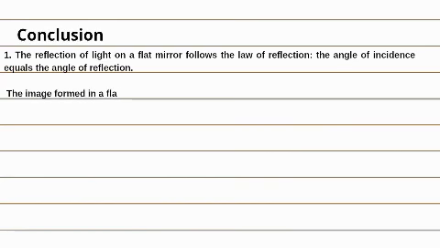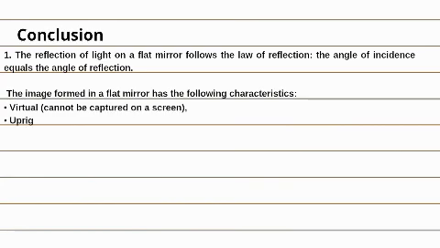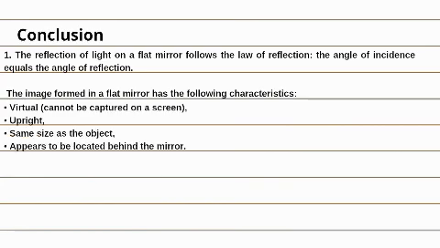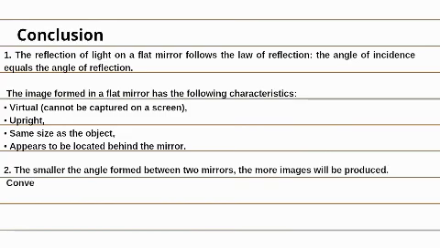The image formed in a flat mirror has the following characteristics: virtual, cannot be captured on a screen, upright, same size as the object, and appears to be located behind the mirror. 2. The smaller the angle formed between two mirrors, the more images will be produced. Conversely, the larger the angle, the fewer the images formed.